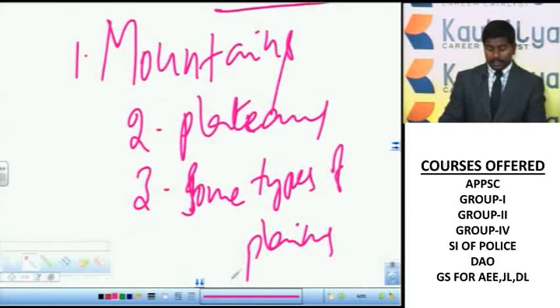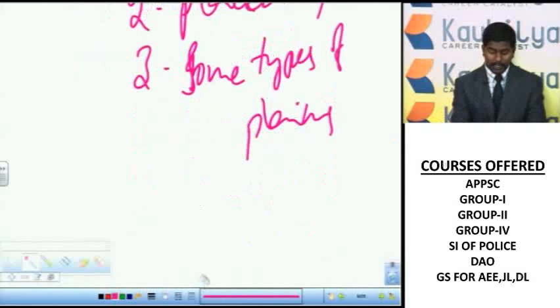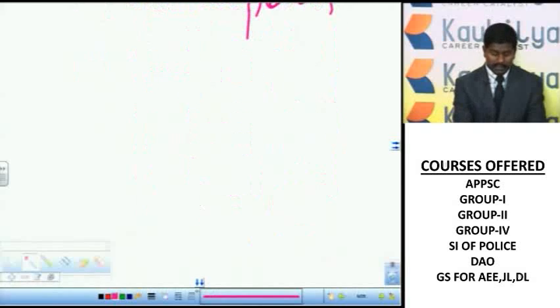The force behind the development of these second order landforms is endogenic force.